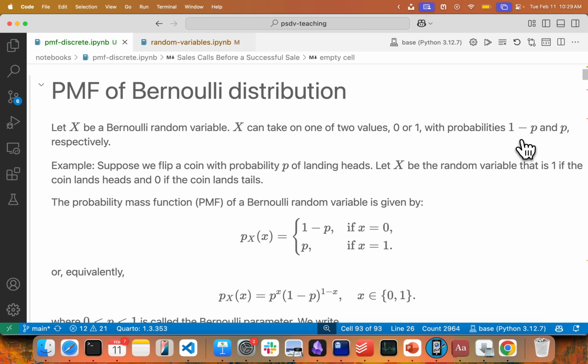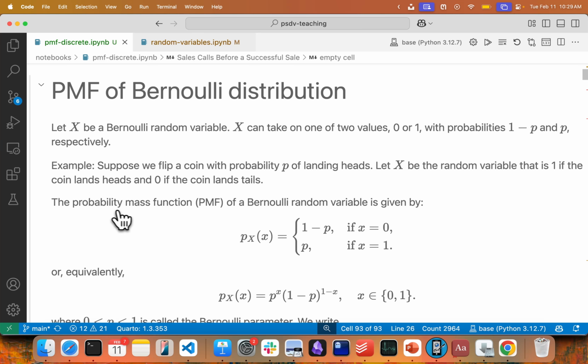To define this Bernoulli random variable, you need a single parameter, p, which is the probability of getting a 1: probability of success, probability of heads, probability of disease. That's typically how we mention this. If we flip a coin with the probability p of landing heads, then x will be the random variable which is 1 if the coin lands heads and 0 if the coin lands tails.